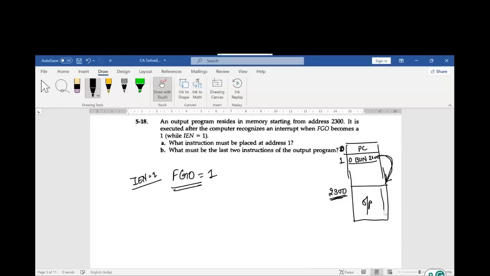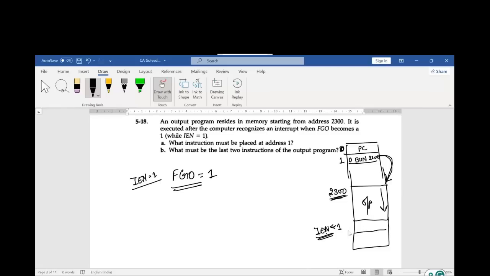Here, after you execute your output program, what we do is we set the value of IEN to 1 so that we will be making it ready to accept interrupts again. What does IEN stand for? Interrupt enable. We are enabling the interrupt so that new interrupts can be accepted.